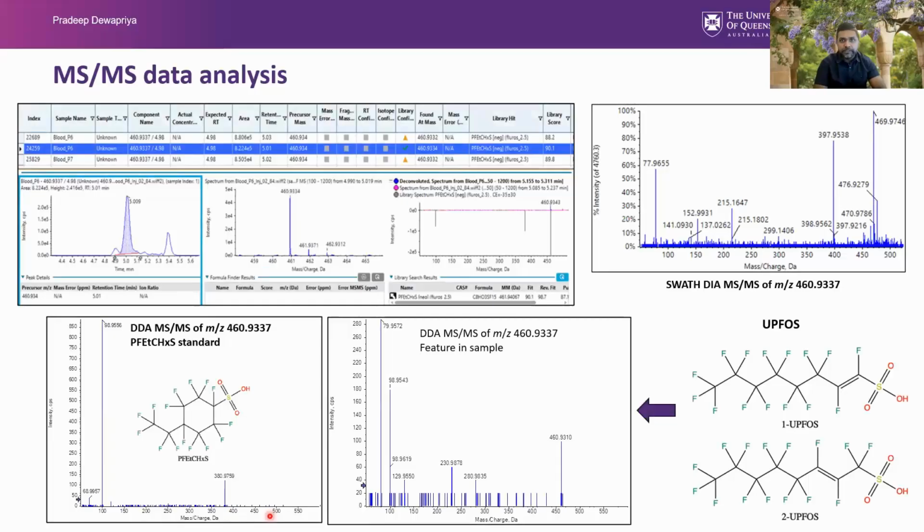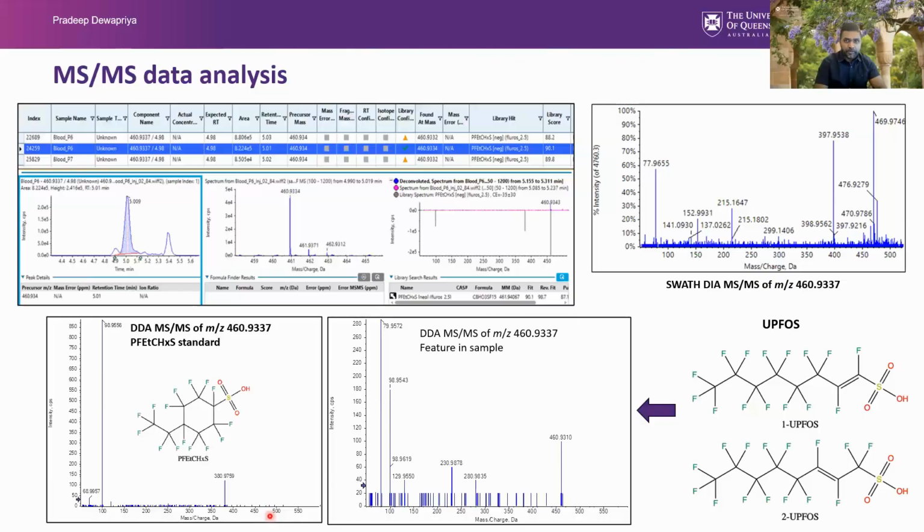In our feature list, in the suspect screening, we found an m/z value of 460.93, eluting at 5.09. And this feature gave a library hit as perfluoroethyl cyclohexane sulfonate.